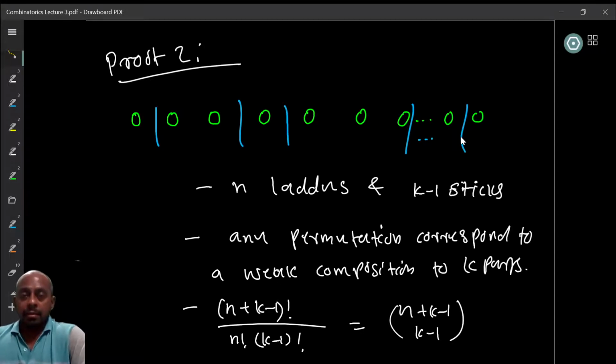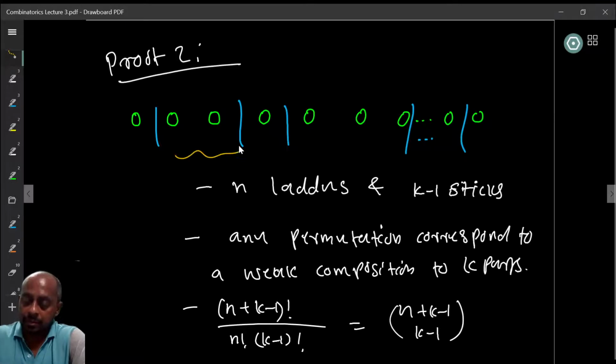Similarly, after the first stick, the laddus are taken, the first stick is removed, and then the second child goes and takes the laddus till the second stick, the next stick. So from this to this, again the third child goes and takes the laddus till the third stick. Right?